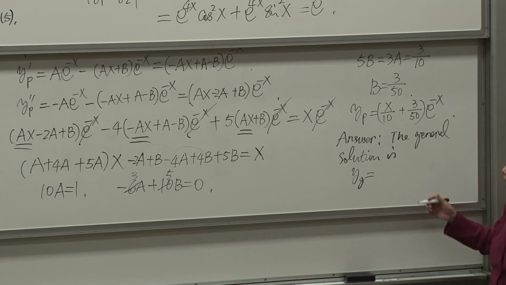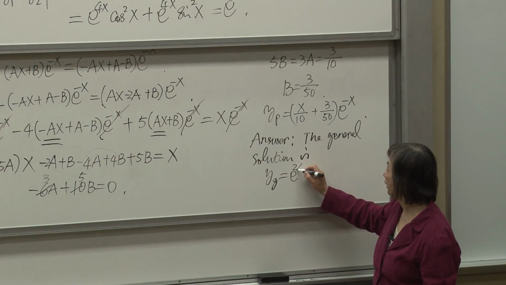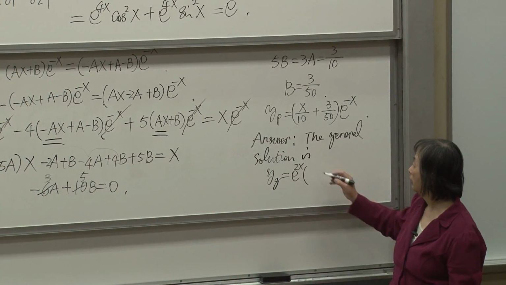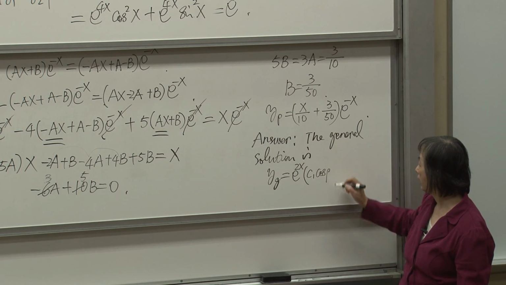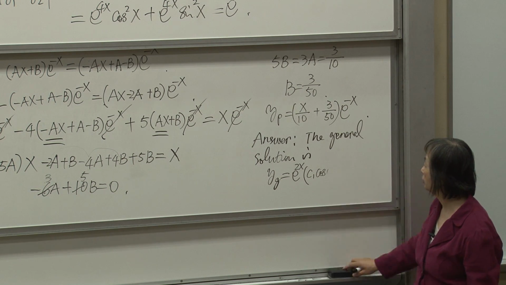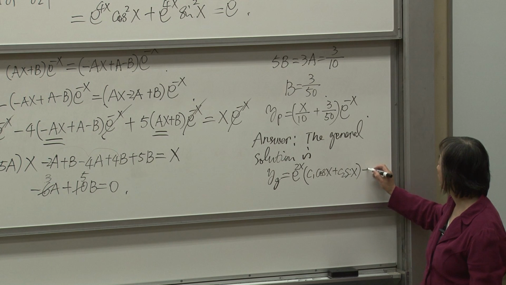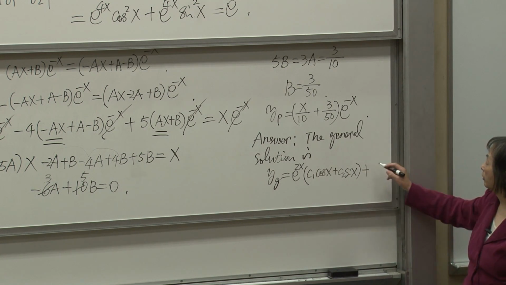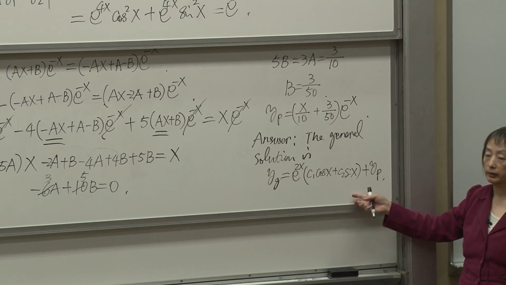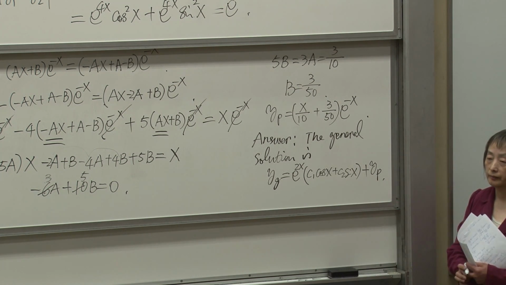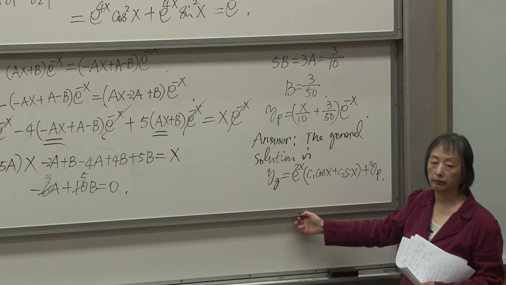If we write out yh, we can factor out e to 2x, multiplied by c1 cosine of x plus c2 sine of x, and then plus the particular solution yp. I don't have space to write it out, but you can write it out yourself. So this is a way to solve a non-homogeneous equation.